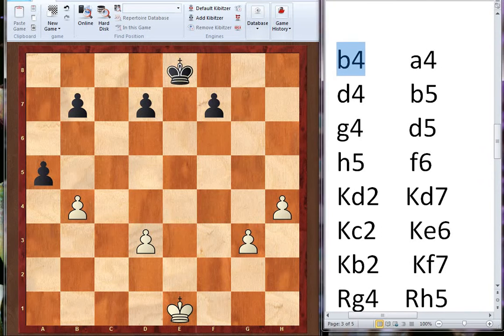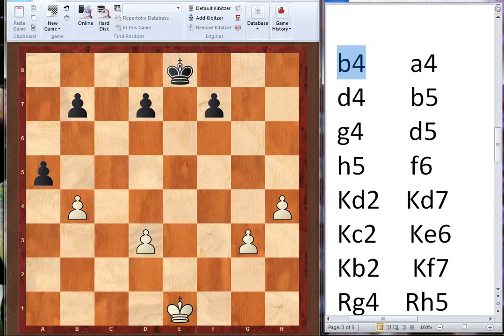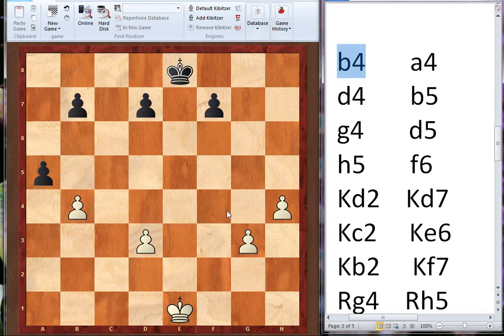While we are writing the name of the squares, please make sure that it is written in small letters. So b4. Black pushed his pawn here. He moves to the square a4. So a4. White moves his pawn here. He goes to the square d4. So we write d4.